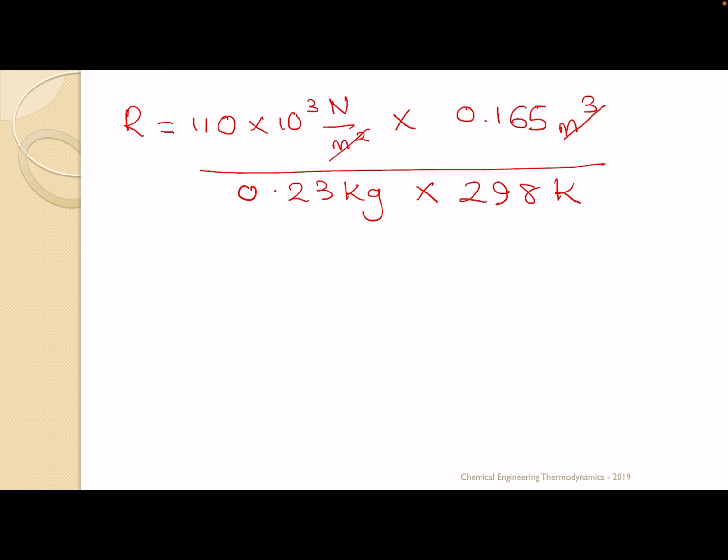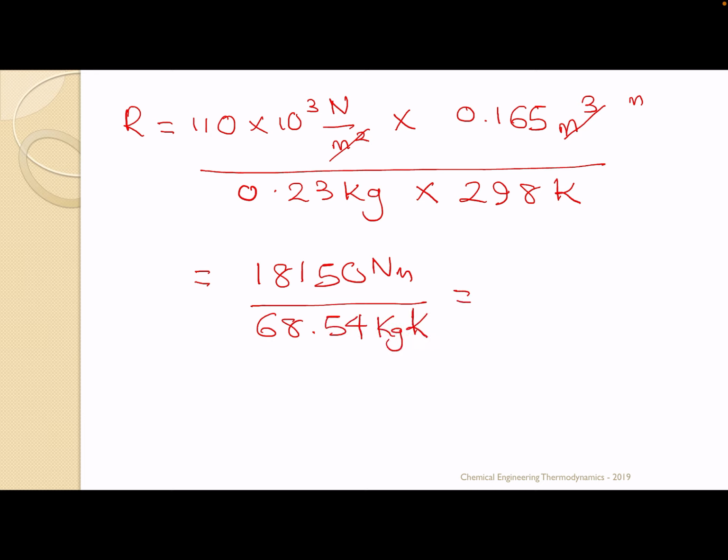This will cancel out, and then we are left with an m here, and then we have a Newton there. If we do that, we should have 18150 Newton meter over 68.54 kilogram Kelvin. So if you remember, Newton meter is the same as joules.